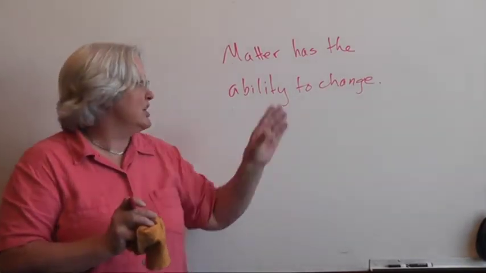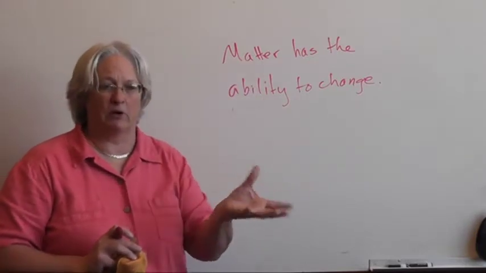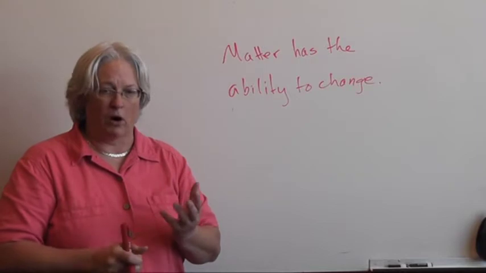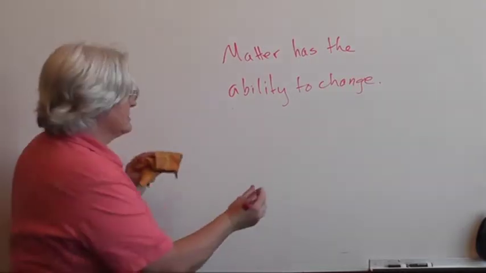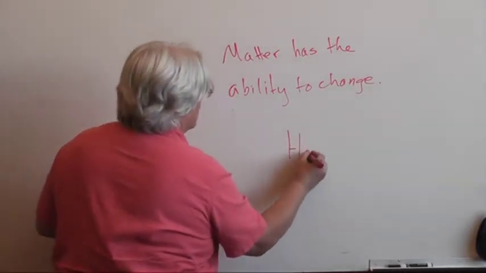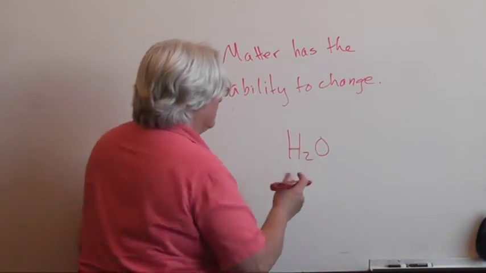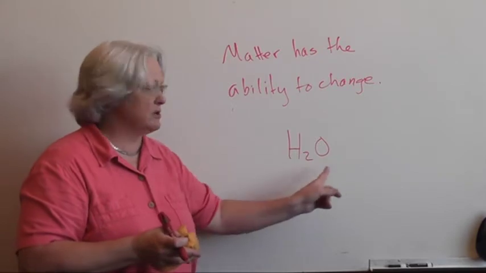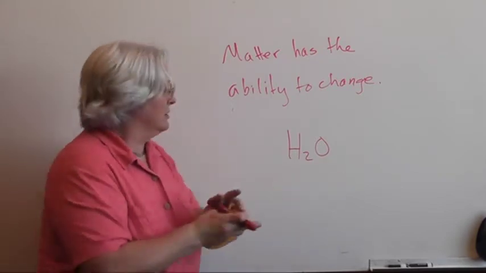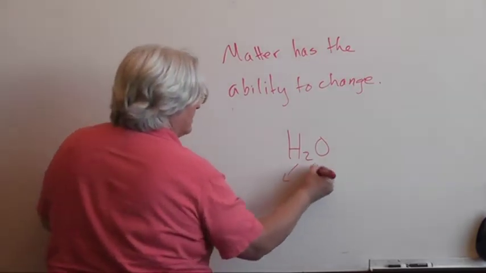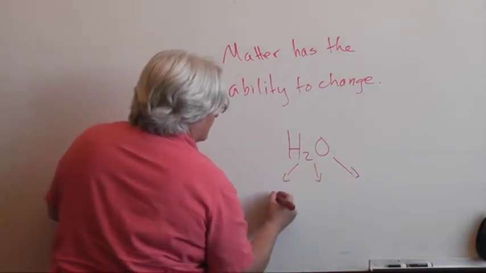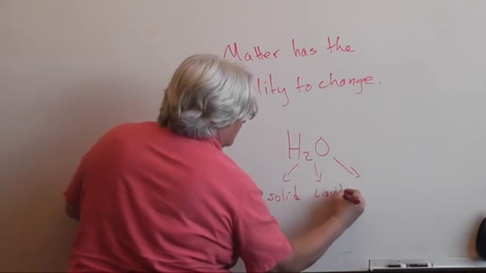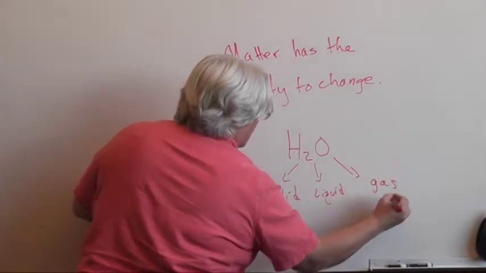And when it changes from one thing to another, that's when we talk about states of matter. A really good example of that is water. Water is a chemical combination that consists of 2 atoms of hydrogen and 1 atom of oxygen. But it can exist in 3 states: solid, liquid, or gas.